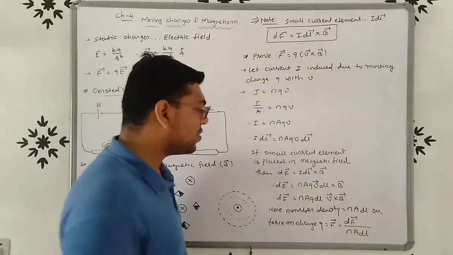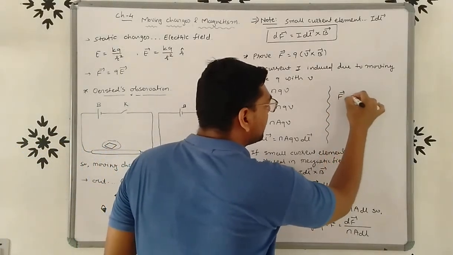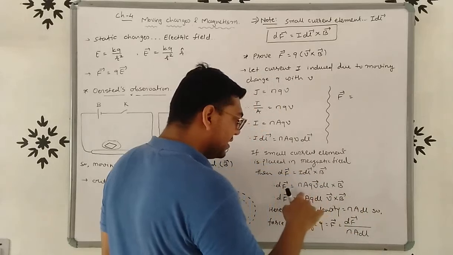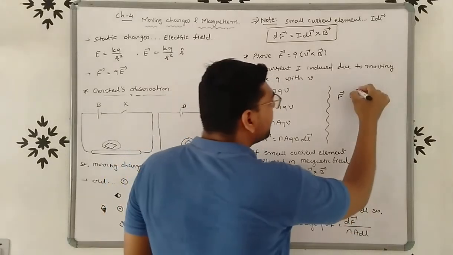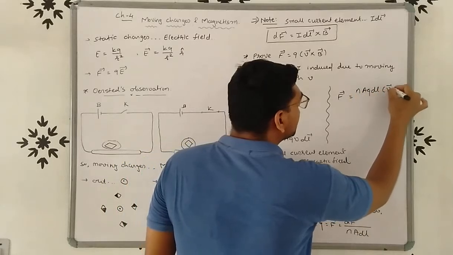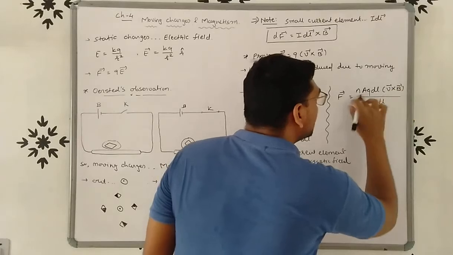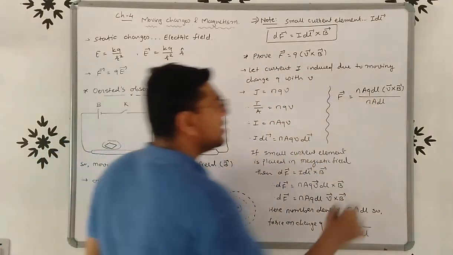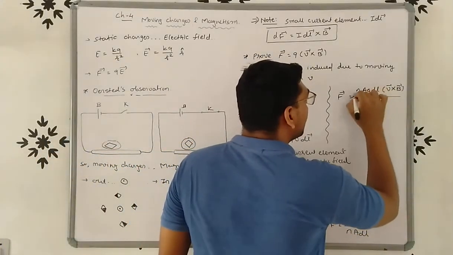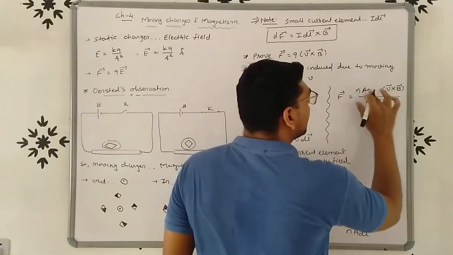So the force on charge Q is F. So F is equal to the value of dF, that is nAQ dl into V cross B, upon nA dl. So here nA dl cancels, like this.